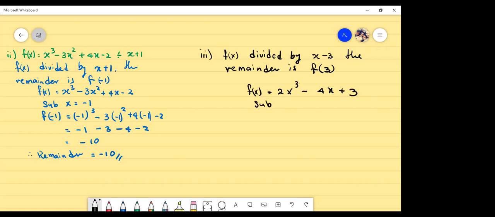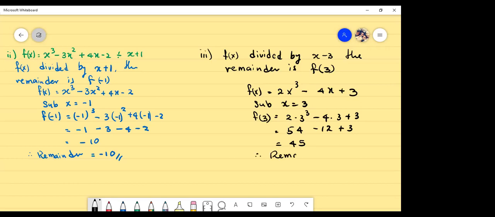Now we substitute x equals 3 here. Then f(3) equals 2 times 3 cube, minus 4 times 3, plus 3. Here 3 cube is 27, times 2 is 54, minus 12 plus 3, which is 45. Therefore, the remainder equals 45.